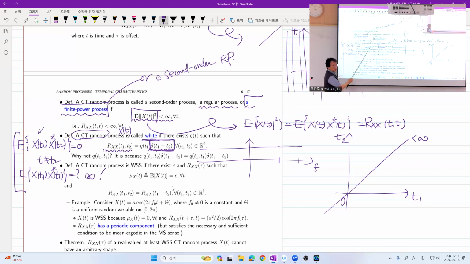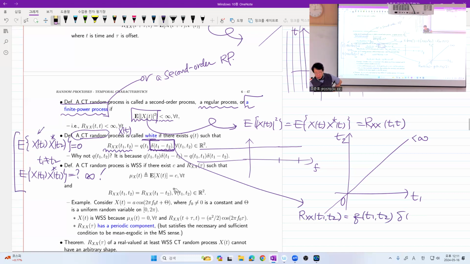So apparently, your definition of a white random process may require some two-dimensional function of T1 and T2 times the Dirac delta function of T1 minus T2.